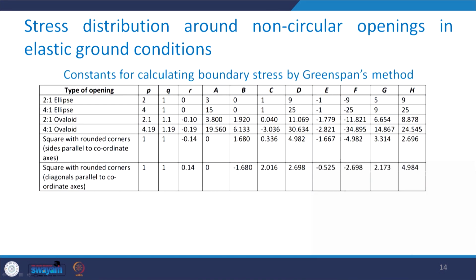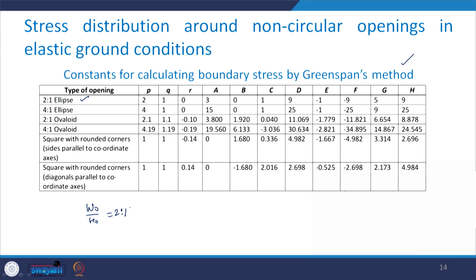Now, the constants which are there for calculation of the boundary stresses by this Greenspan's method for various types of opening. So, here you see that for a 2:1 ellipse, W naught upon H naught equal to 2:1 and the shape is elliptical.